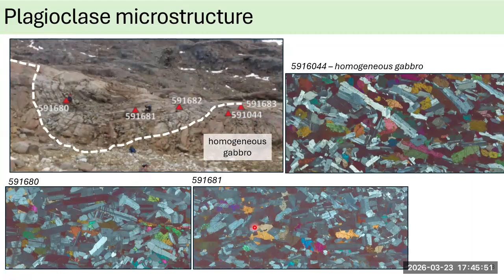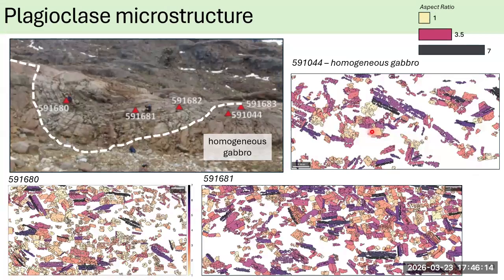In the trough layers here, you maybe do not yet have the feeling how strong the fabric is, but the fabric is there. What is interesting is that we have some smaller crystals and aligned crystals. In a homogeneous gabbro, we initially thought it was going to be way less aligned, but it does show fabric, and I'll show you in a second how much.